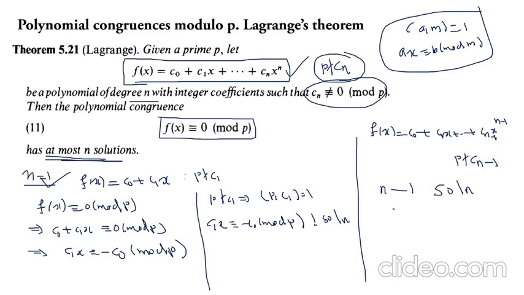So by using the induction hypothesis, the result holds for n equal to 1, and we assume the result holds for n minus 1 also. So we have to prove the result for n. We consider a polynomial with degree n, f(x) = c0 + c1x + etc. + cn x^n with p not dividing cn.